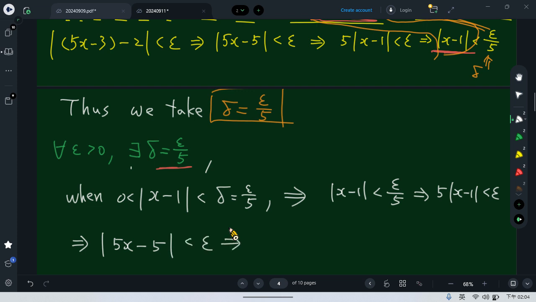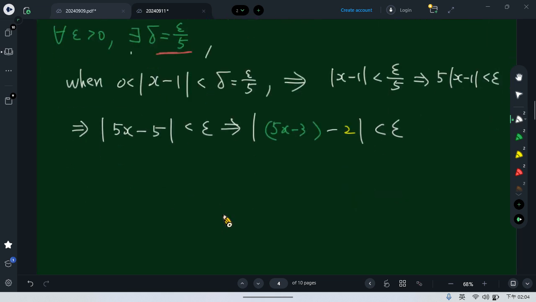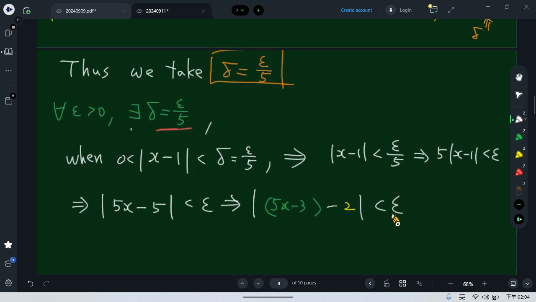Then we can continue to make it 5x minus 3 minus 2 less than epsilon. Then finally you can see |f(x) minus 2| is less than epsilon.